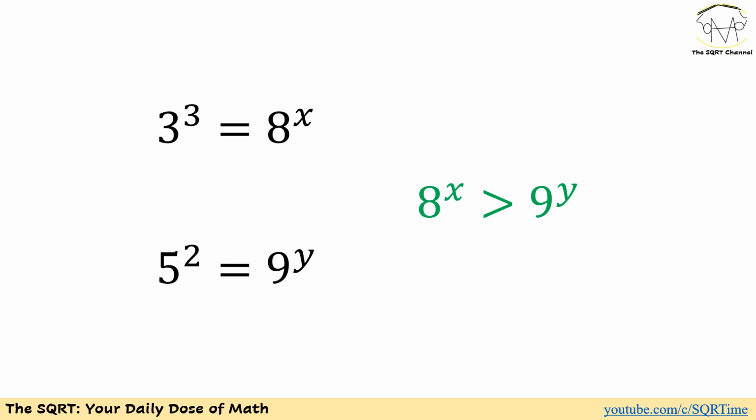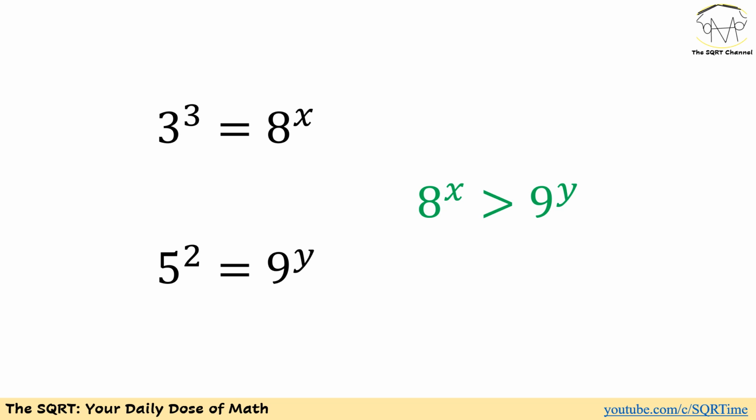As you can see here, we have 8 for base and 9 for the base. On the other hand, 8 is less than 9, but when we took power of x and y, we are seeing 8 to the power of x is greater than 9 to the power of y.